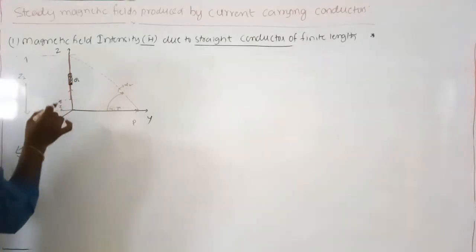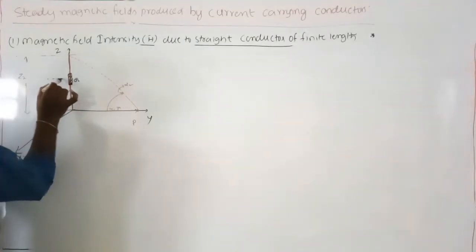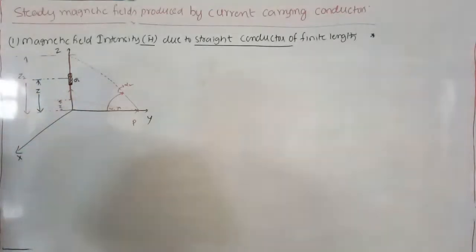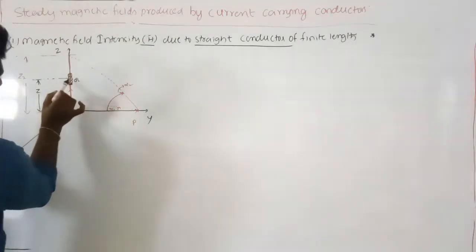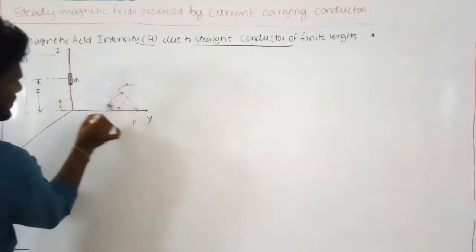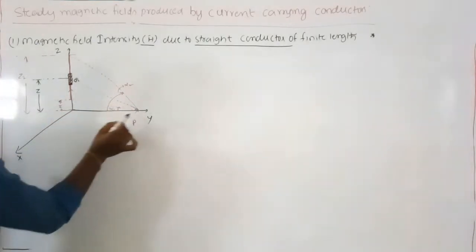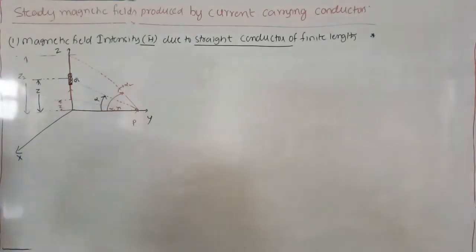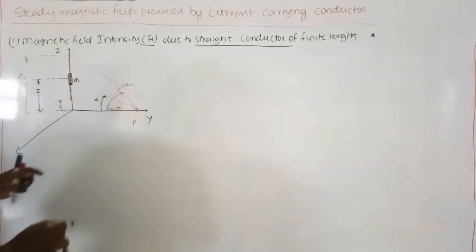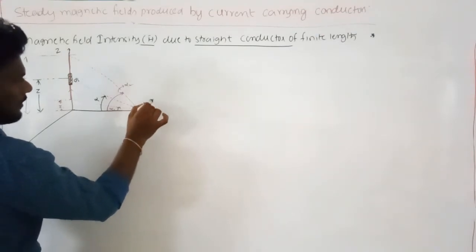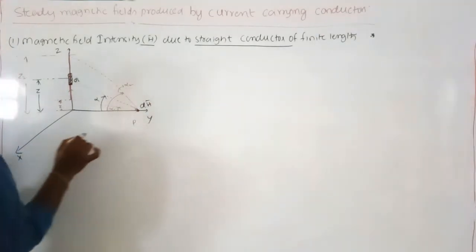Imagine that this is at a small z unit distance from the origin. Now also indicate the distance between the differential elemental length and point P, making an angle alpha with respect to the y axis. As we have considered a differential elemental length, the magnetic field intensity produced at this point is also differential: dH bar, the differential magnetic field intensity.